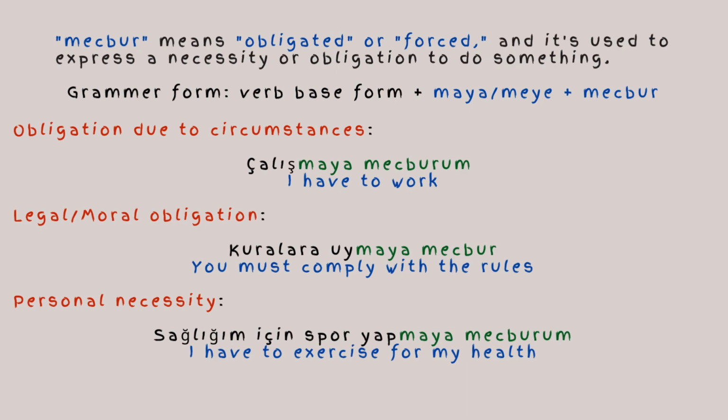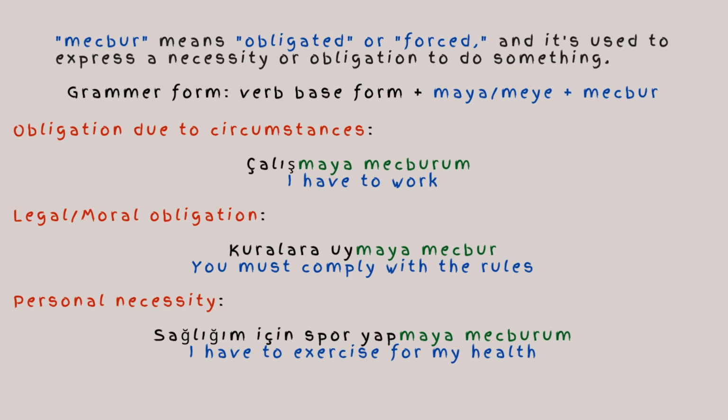Here's the difference. For the other types, the grammar form was verb-based, adding mak or mek with the force type that we wanted to use. With mecbur, it's followed by maya or meye, followed by the word mecbur.